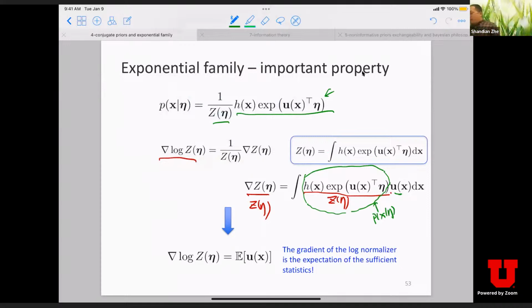For any probability density for x, if you integrate the probability density with a function of x, this will be the expectation of f(x). So now we can see that this essentially gives us the expectation of u(x) under this exponential family distribution. So the gradient of the log normalizer with respect to the natural parameter is actually the expectation of the sufficient statistics.